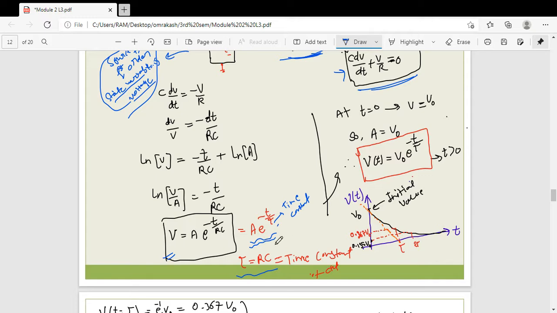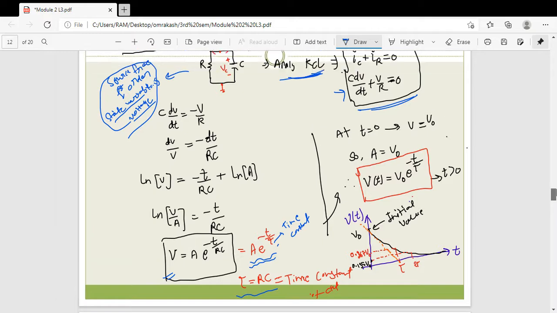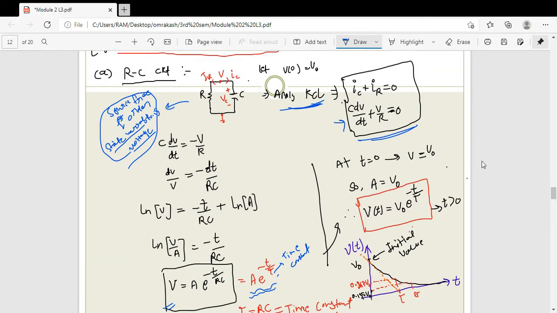Now once you get this equation, by using the initial condition, you have to calculate the value of A. When you put t equal to 0, what is your voltage? It is V naught, right? Before switching, or you can say at the switching. So when you put V naught in this, you will get the A value.